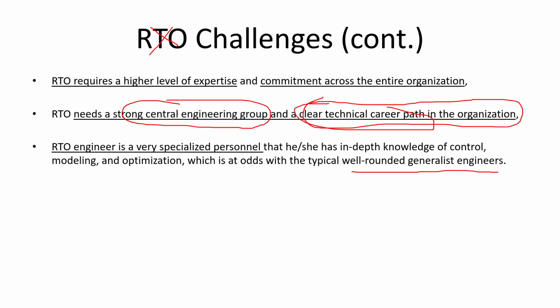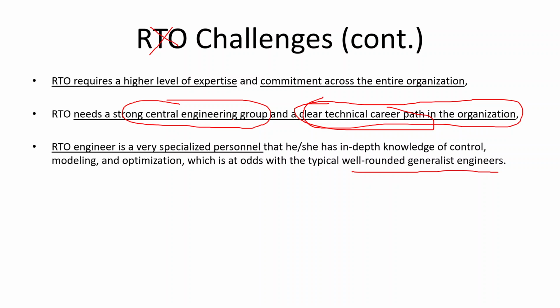So without having that capability, it will not happen. Only companies that have certain capabilities, a very good engineering group with knowledge on this, people who can model, people who can simulate, people who can optimize, and a clear technical career path within that organization, can make it.